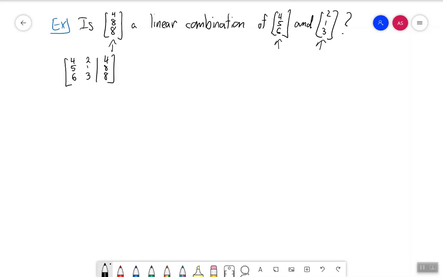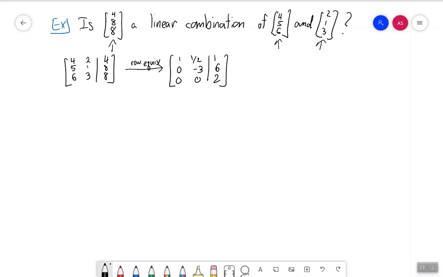And now we need to ask, is this system consistent? To do that, we can put it into row echelon form. So this is row equivalent to the matrix 1, 1/2, 1, 0, -3, 6, 0, 0, 2.